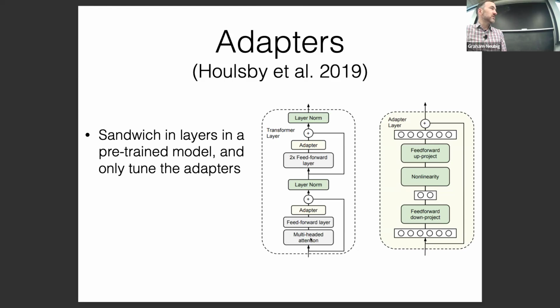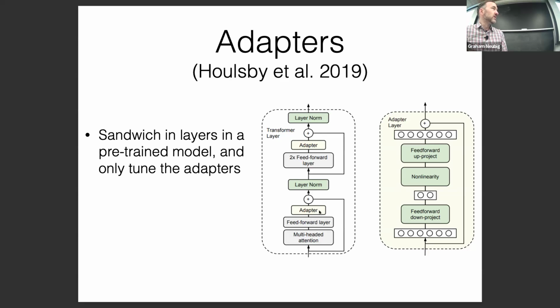So multi-headed attention, this is kind of your Q, K, and V matrices. And then this is your O matrix in the transformer architecture. So this is what we were calling multi-head attention in the previous diagram. This says 2x feed-forward layer. It's basically 2x linear layer with a sandwiched nonlinearity. So it's basically a feed-forward block. So this is just the standard transformer.